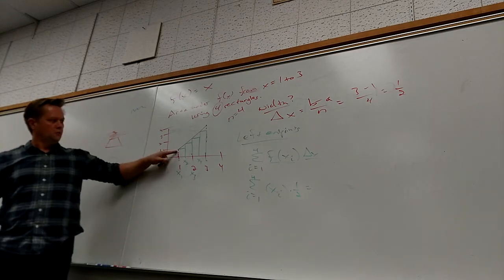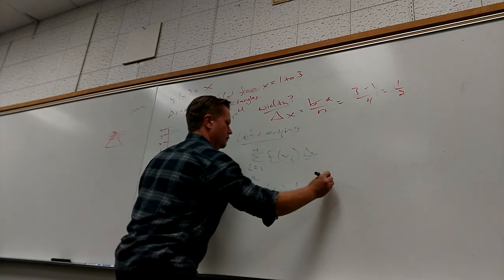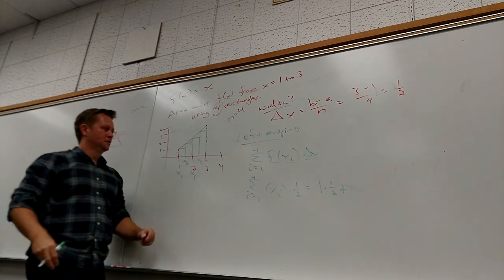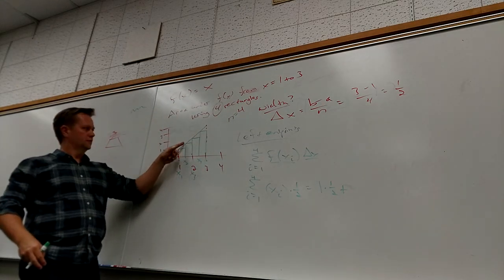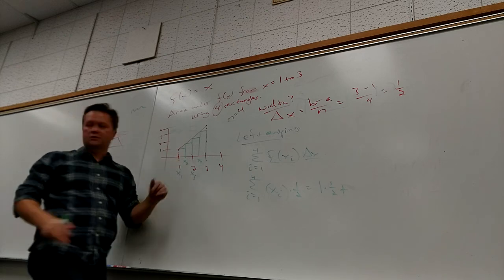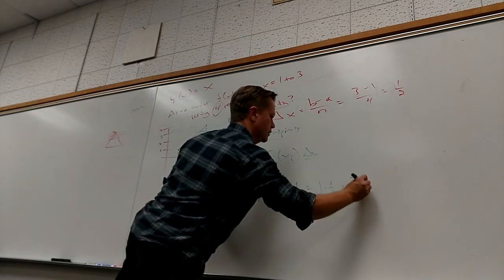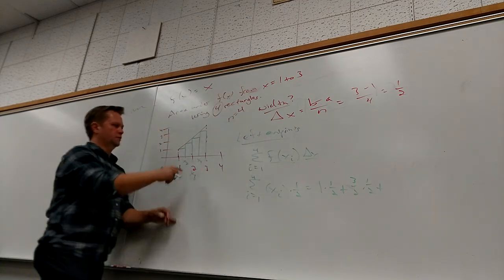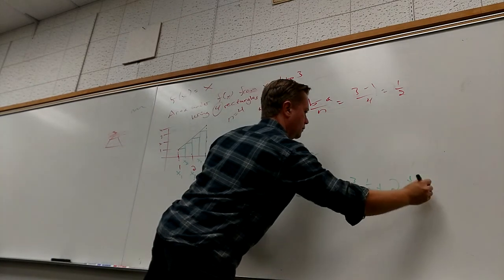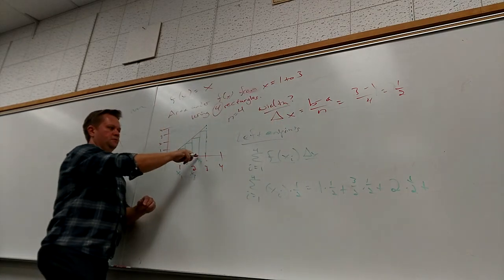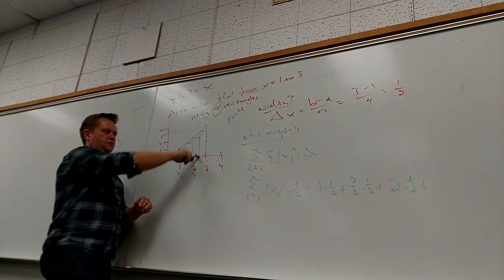So it's going to be 1 times 1/2 plus 2 times a half. Careful. Oh, wait. 1.5 times, so 3/2 times 1/2, plus 2 times 1/2, plus 2.5 times 1/2.